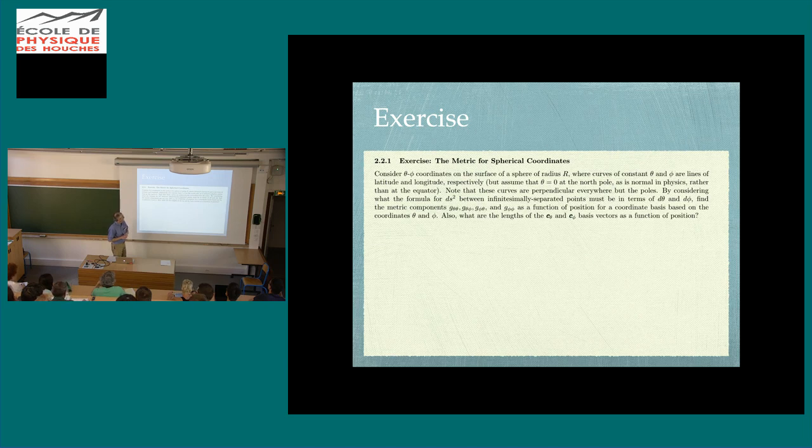So the curves are perpendicular everywhere except at the poles, where the coordinate system breaks down. By considering the formula between infinitesimally separated points, you know how to do this. Calculate that formula and then figure out what the metric must be. All right? Have at it. Work at that a little bit. See if you can figure out what the metric is for spherical coordinates.